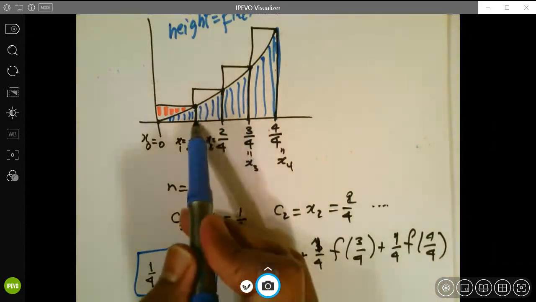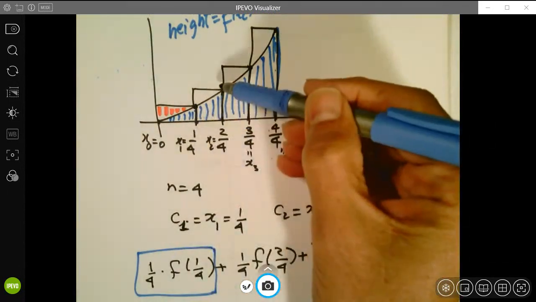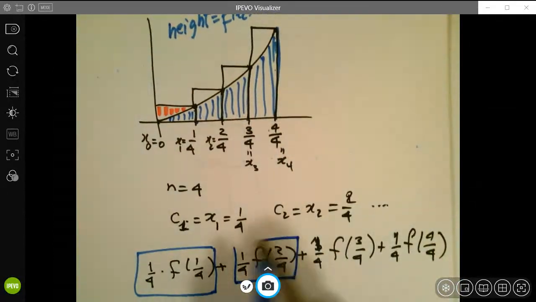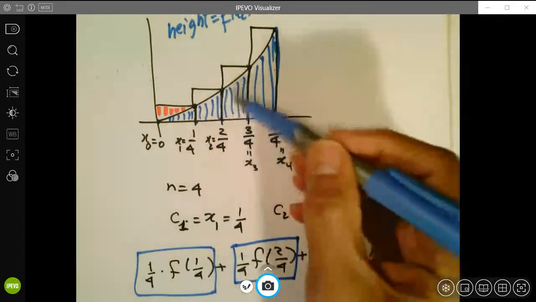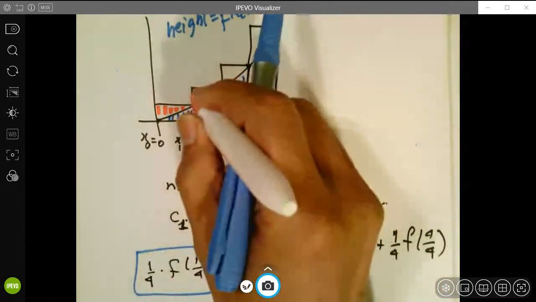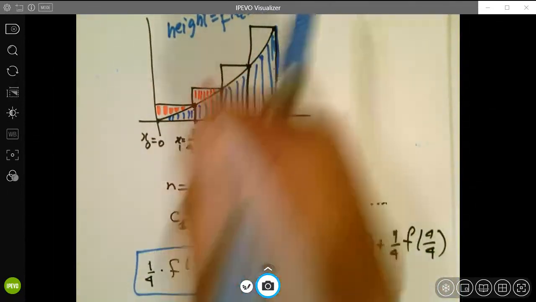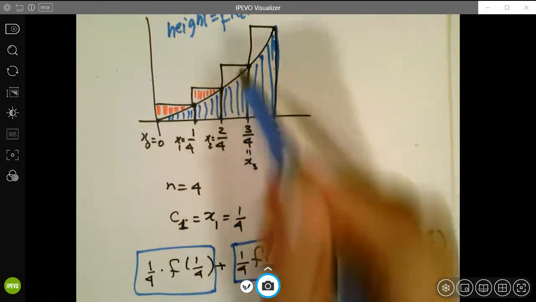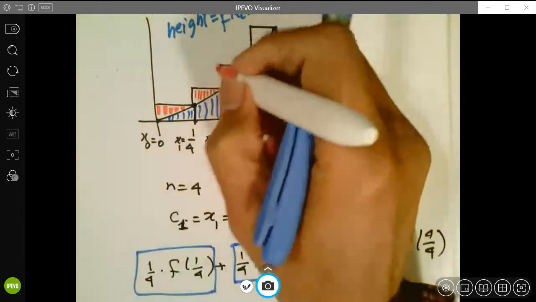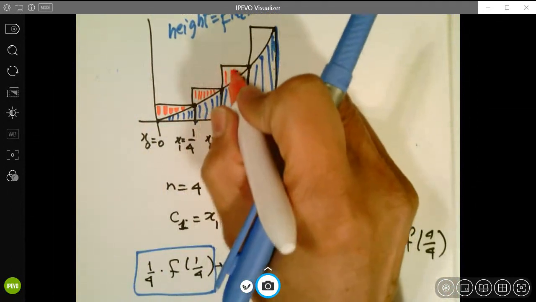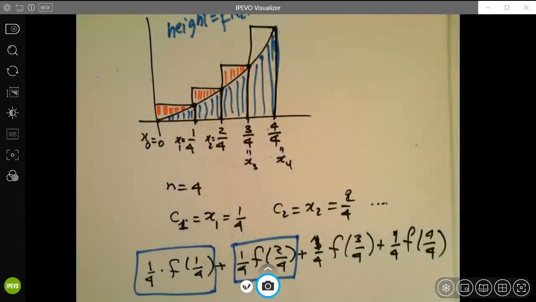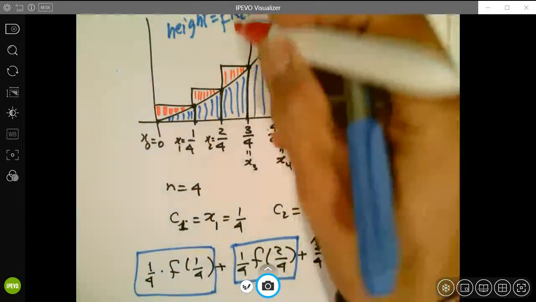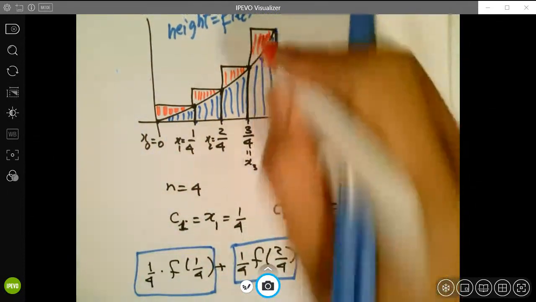Now the second one is 1/4 times f of 2/4, this one. The third one, which is actually this one, will be 1/4 times f of 3/4. The fourth one will be 1/4 times f of 4/4.